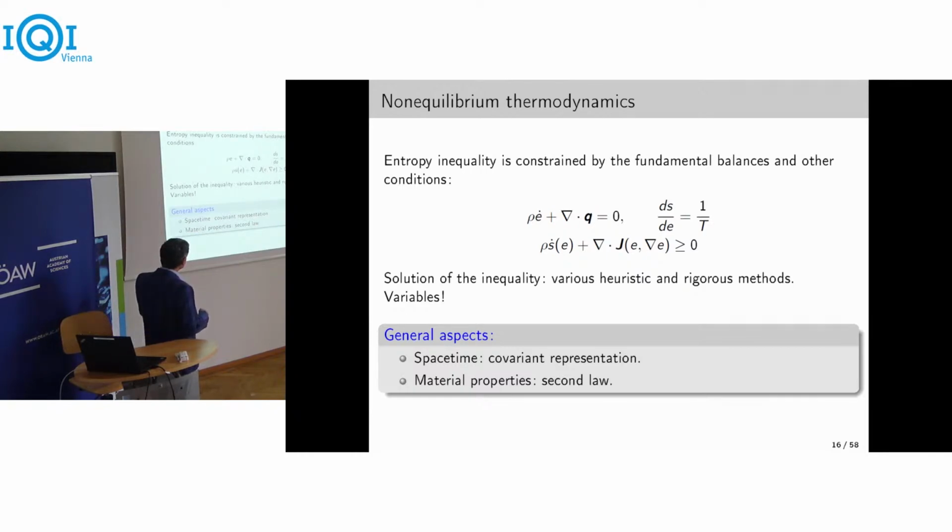And then the space-time actually appears in a covariant representation. A balance is covariant, Galilei relativistically covariant, and the material properties are all encoded in the second law.